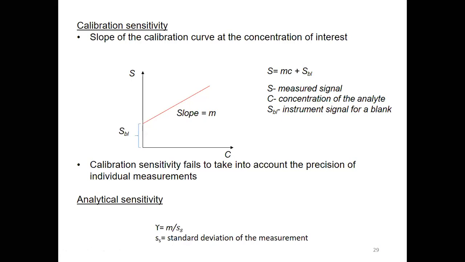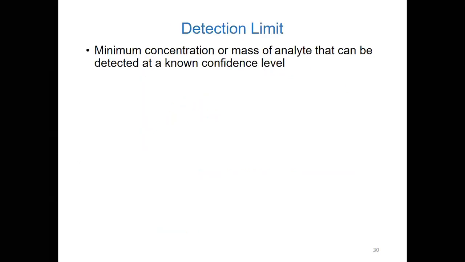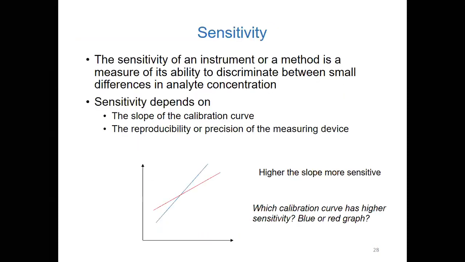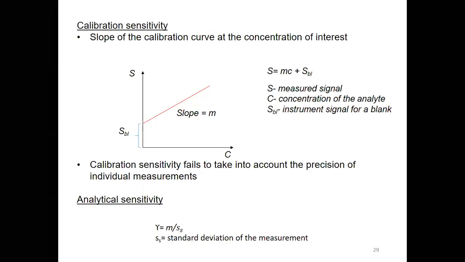By dividing that, you will get the analytical sensitivity. By using that, we can consider the precision of the individual measurement, and we can overcome the problem associated with the calibration sensitivity, right? That is how to find the sensitivities.